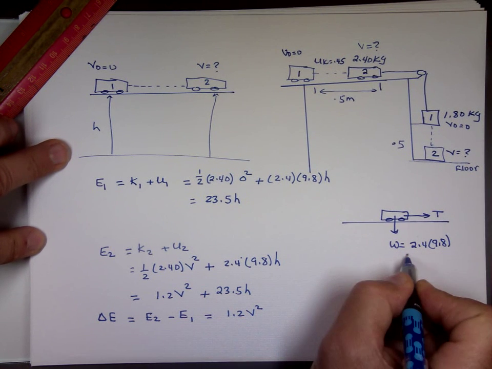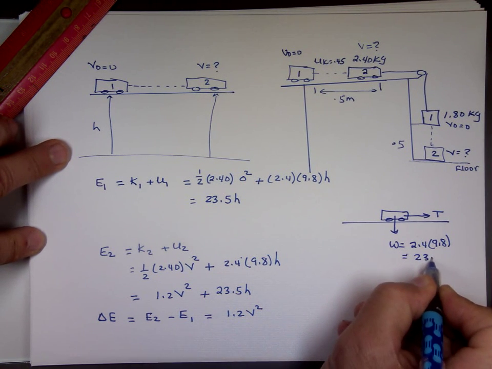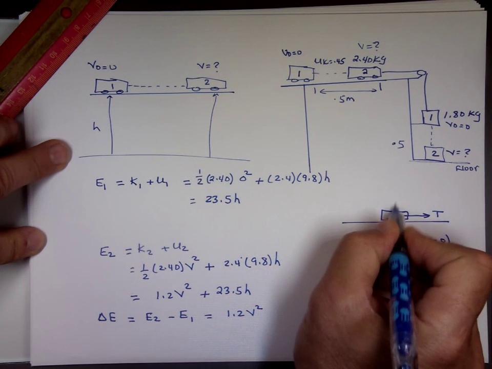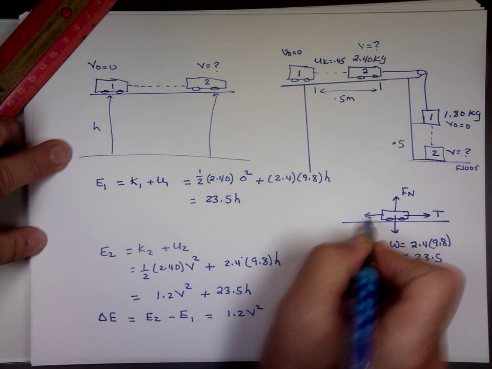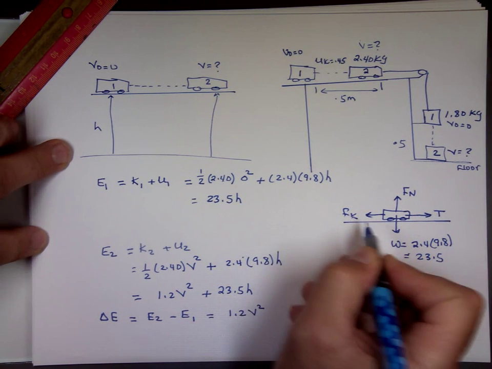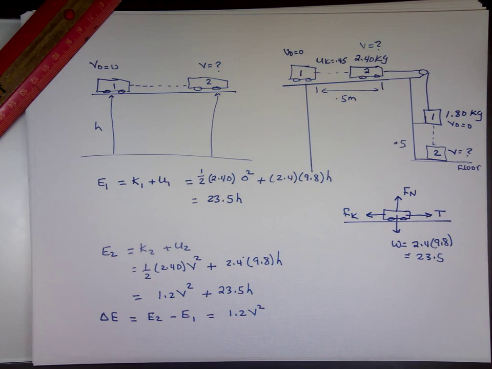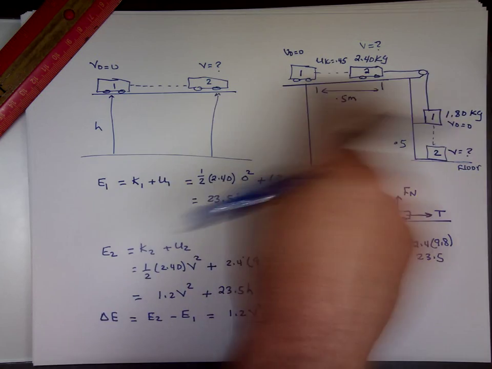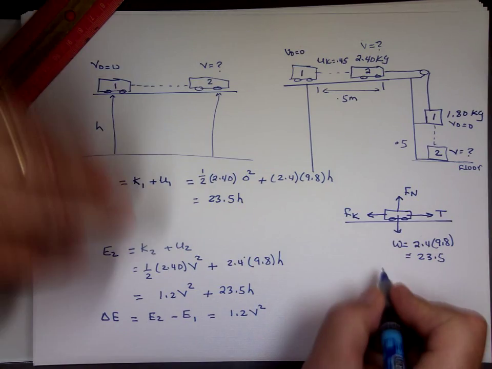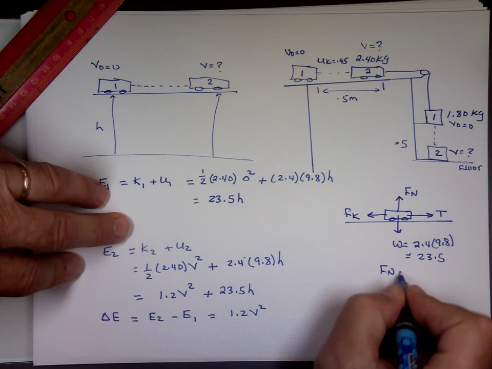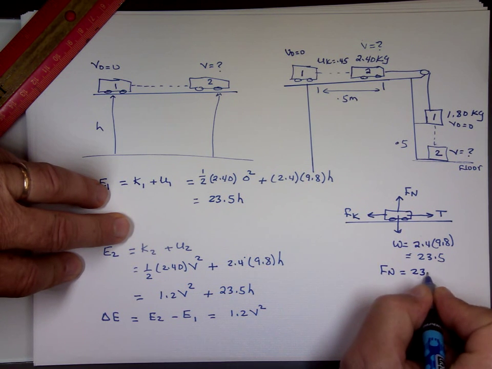And we get the normal force up, and the friction force backward. Since this is sitting on the table, moving to the right, not up and down, the normal force has to equal 23.5.